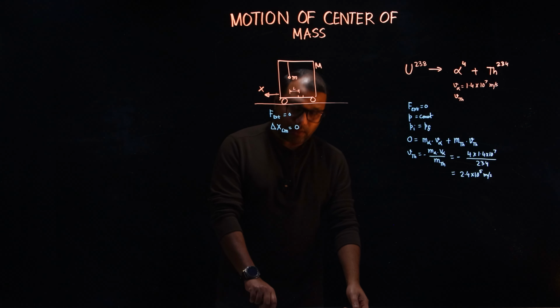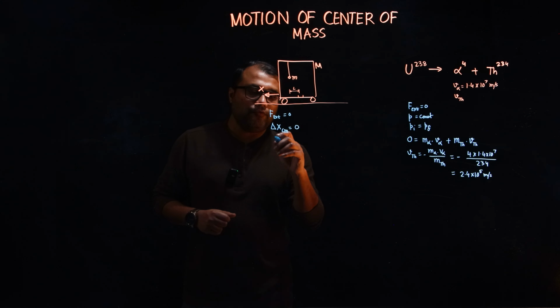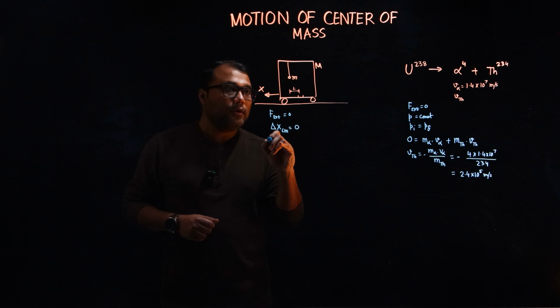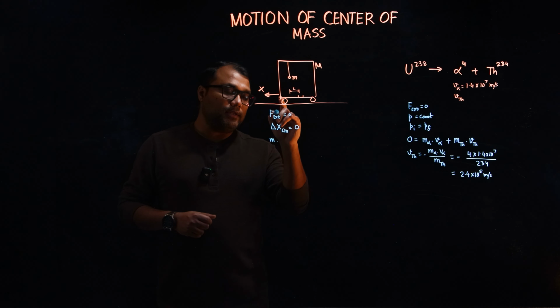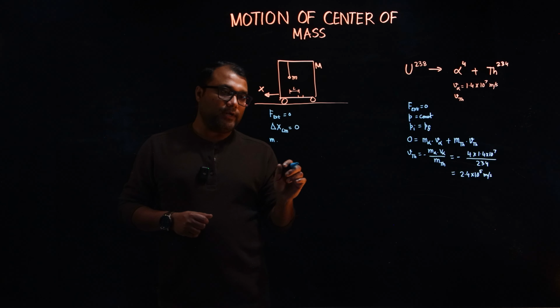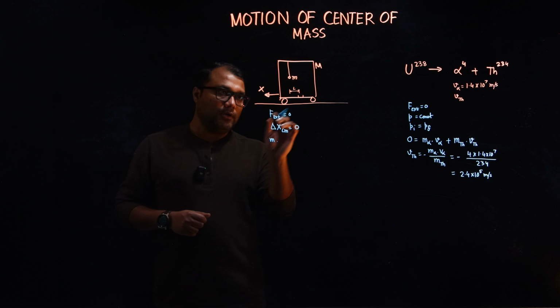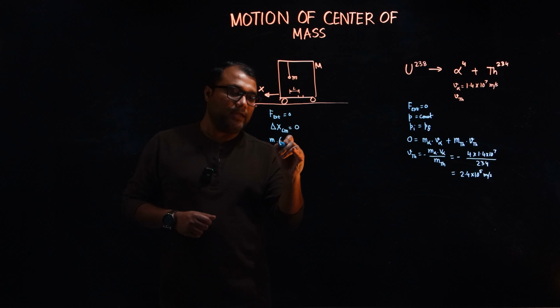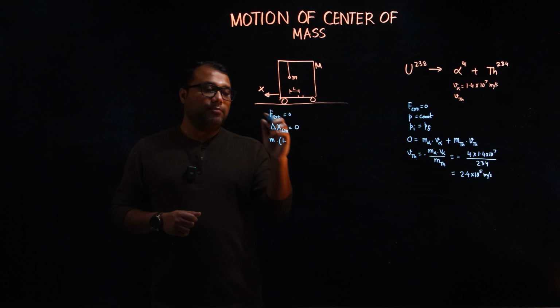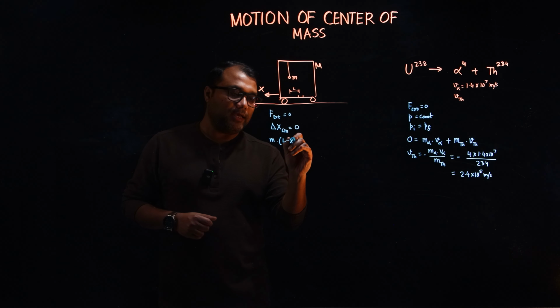So what we'll write is small m times the distance m moved to the right with respect to ground. It moved L to the right, but the cart moved x to the left, so L minus x.